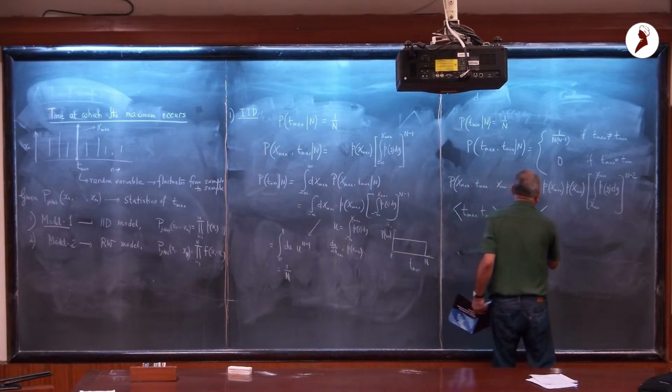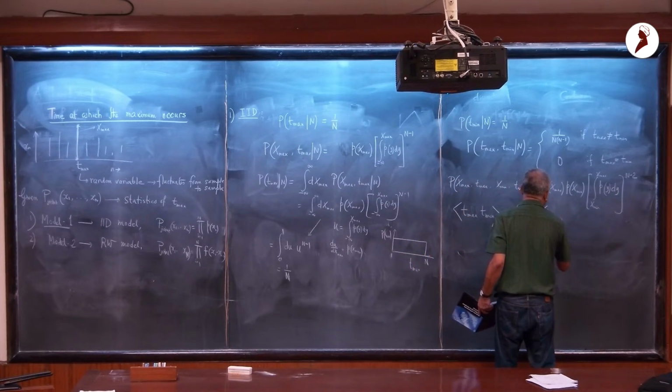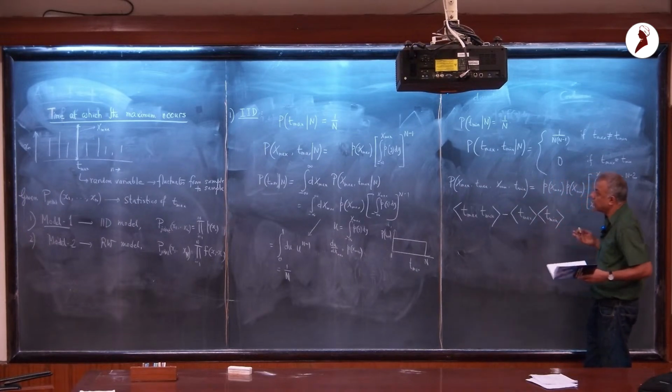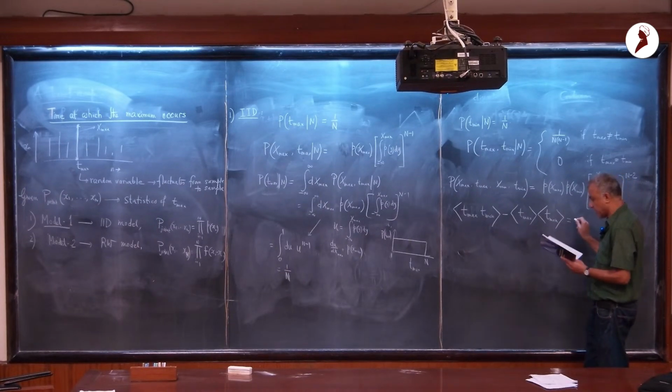Because T max and T min cannot be equal at the same time, there is some kind of effective anti-correlation between them, and you can calculate this anti-correlation, again from this simple formula.